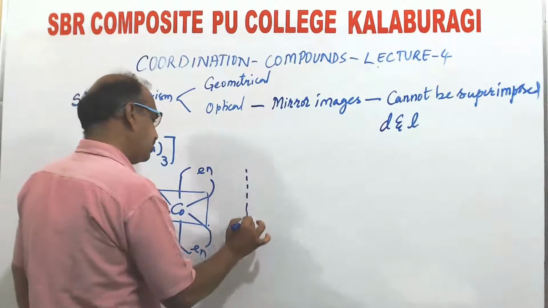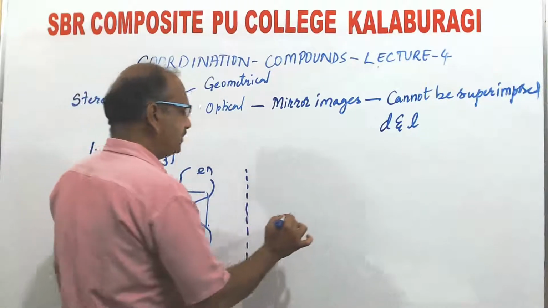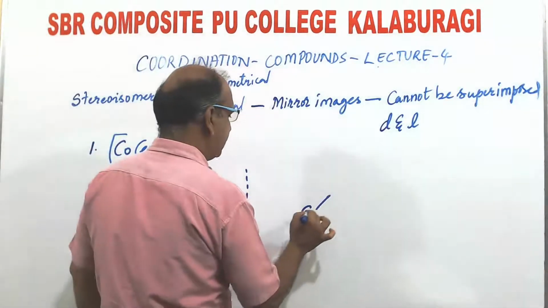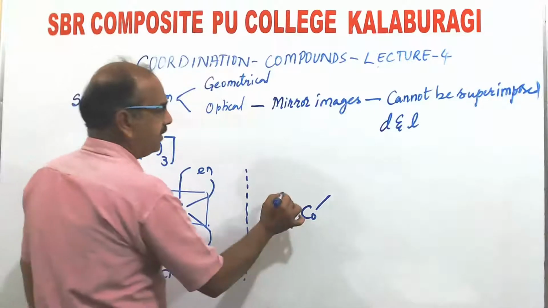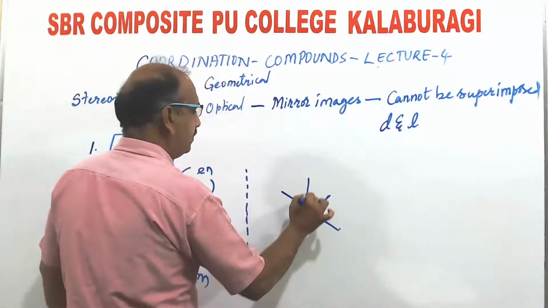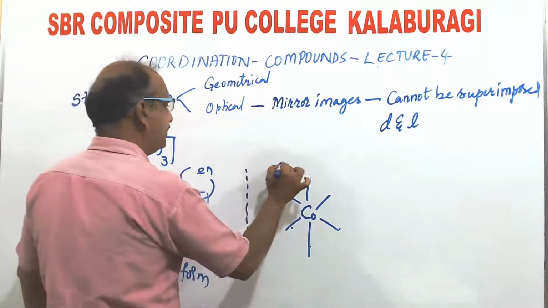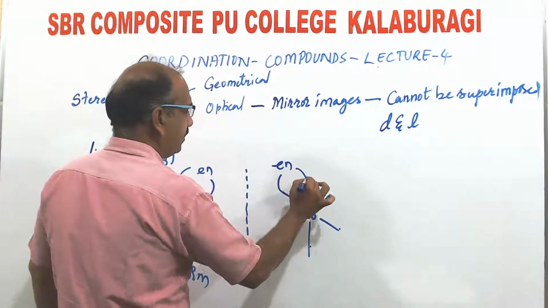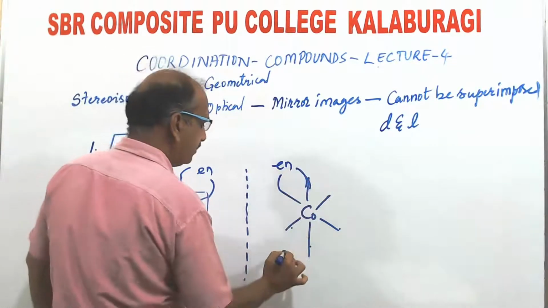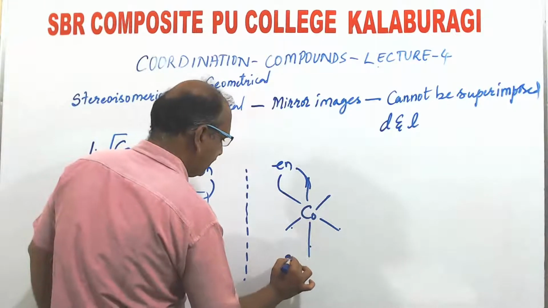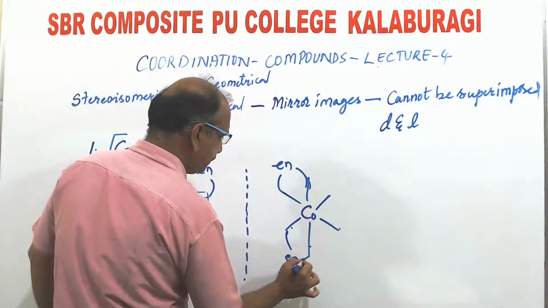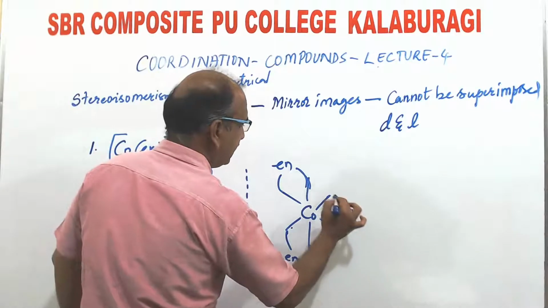Its mirror image. Its mirror image is how? Cobalt at the center, then you have ethylenediamine, its mirror image means here it will be the mirror image. This is another ethylenediamine. This is another ethylenediamine.